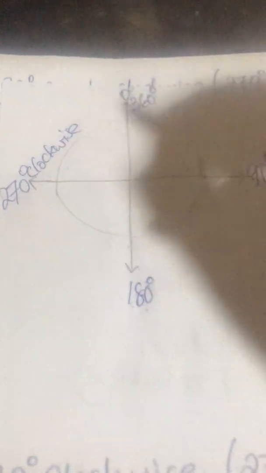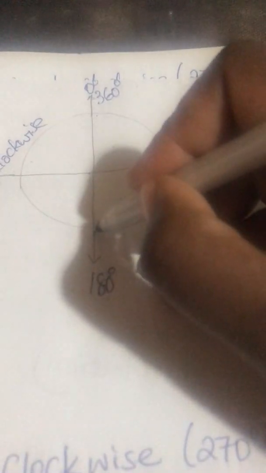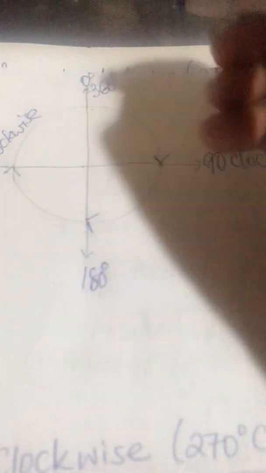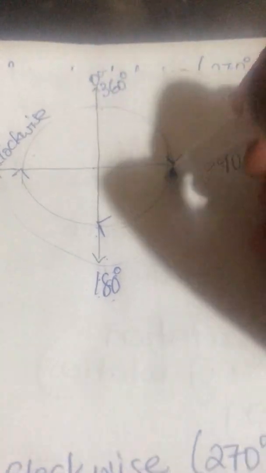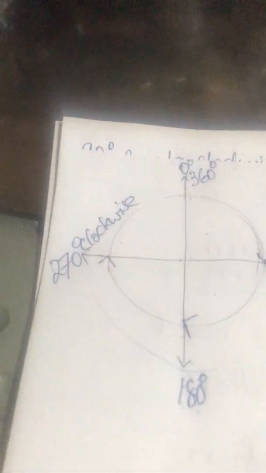So for 360 and 180, it doesn't matter whether you go counterclockwise or clockwise, because you still remain at the same place.